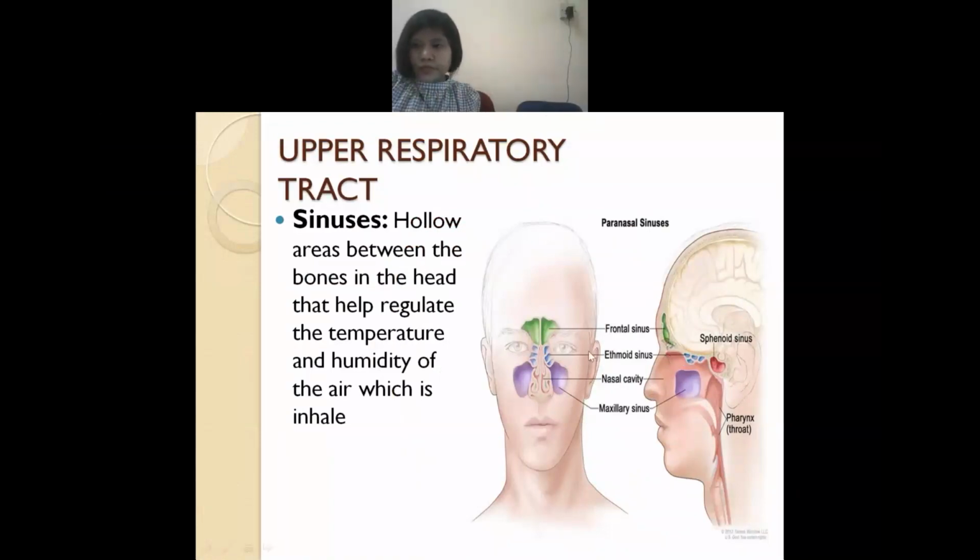I'll just show you again, even though you have said correctly. So this is the frontal sinuses. Front means it lies at the front. Next is the ethmoid sinuses. Next is the nasal cavity, not the sinuses, and this is the maxillary sinus, and the sphenoid sinuses is here. Is it clear, everyone?